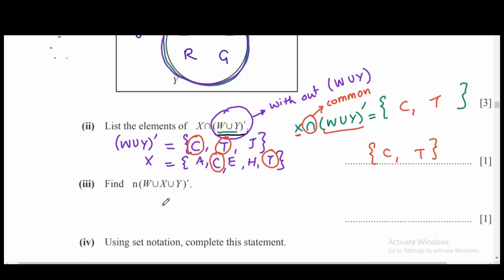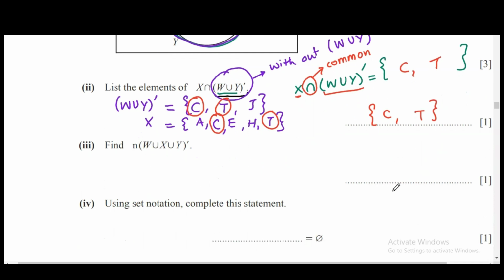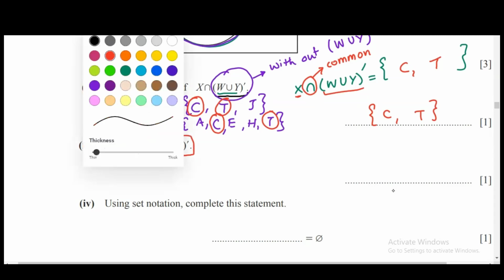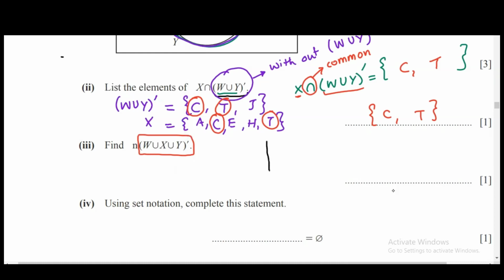Now the next part, n of W union X union Y complement. So first you should know what is the region of this in the Venn diagram. Suppose there's a note here.